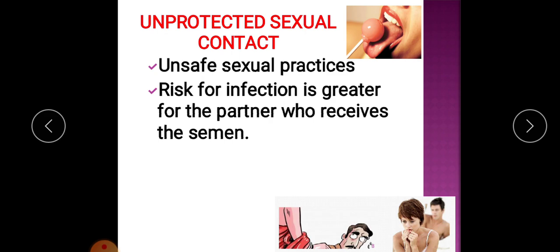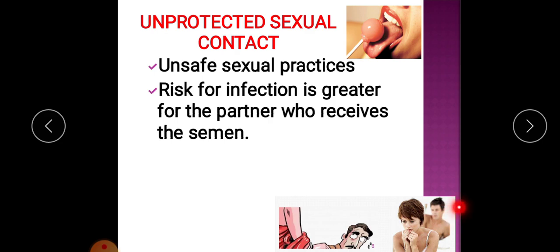Another is the vaginal sex. For instance, if the vagina of the female has an open wound, then the semen of the male could penetrate into the wound, and that means that it could also infect the female if the male is infected with HIV, or vice versa.